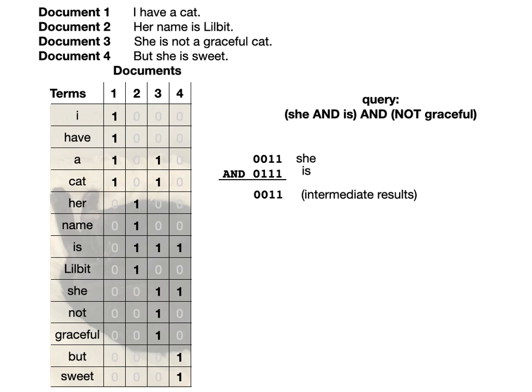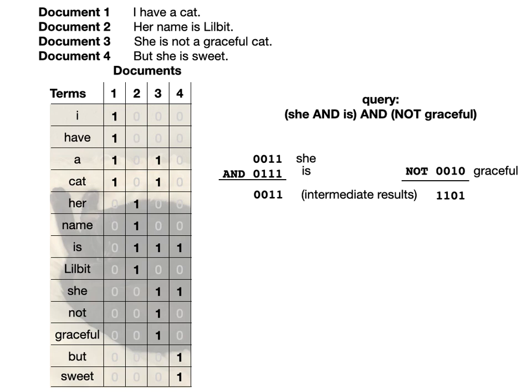Now we can jump over and satisfy not graceful. So what's the graceful one? 0010. So graceful only occurs in document 3, right? So now we will not that and say, okay, any document that does not have that word graceful, that's what we're going to pull out here. Great. So we have another intermediate result, 1101.